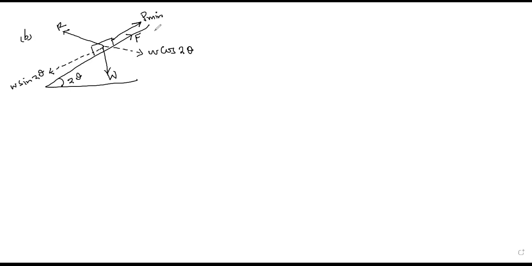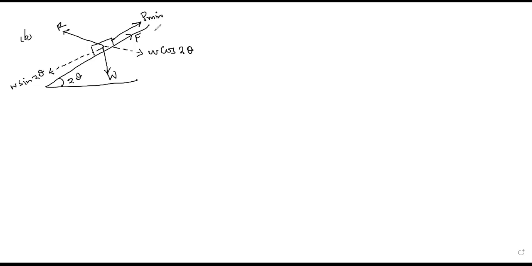If we are preventing the body from sliding down, it means that this body was already moving up, and to prevent it from sliding down, we assume that the frictional force is contributing to the other force that is trying to move the body up. So for minimum force, both the frictional force and the force are acting up.